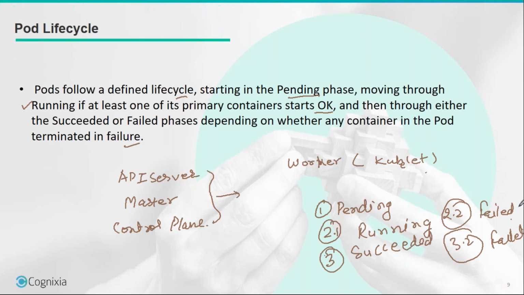If it fails, it will be failed. If it is successful, then when we terminate the containers, whether it is successfully terminated or failed, that is the state once the pod is terminated. Okay, so this is the pod life cycle.